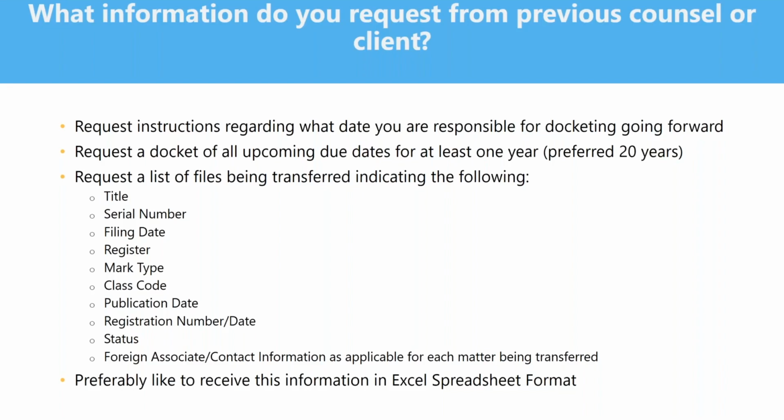We try to capture, can you please send this to us? And you're also giving a heads up to the previous counsel how many days they have to end all of the deadlines that they're dealing with. So you have 30, 60, or 90 days to complete any deadlines so you can send it to us.